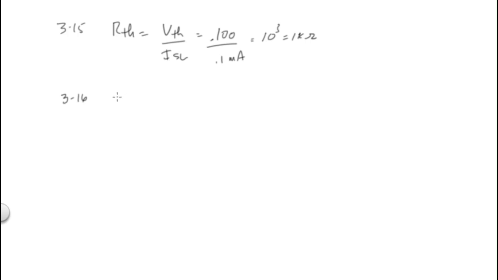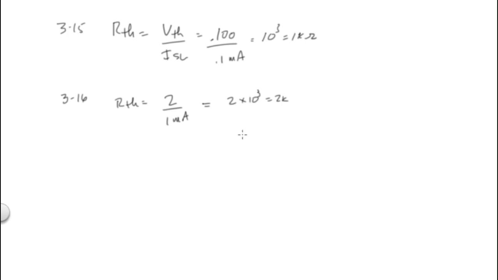Number 16, given that the voltmeter of 326 has very high resistance, the ammeter has low resistance, find R Thevenin if the readings of VAB are 2 and I shorted load is 1 milliamp. So here again, R Thevenin is equal to 2 over 1 milliamp, so it's 2 divided by 10 to the minus third, or 2k ohms.